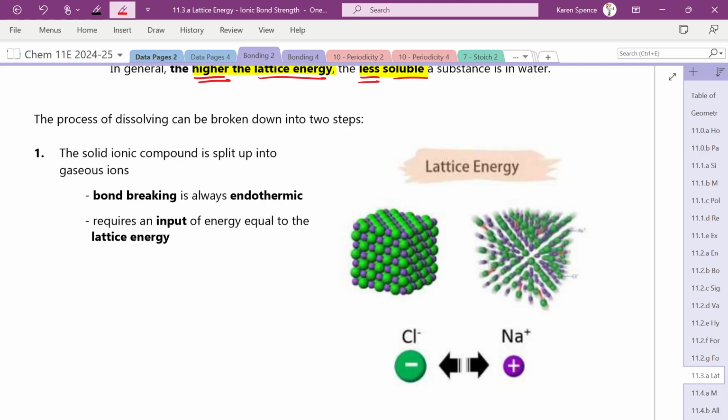So if we were to take all of our crystal lattice and split it, there would be a delta H, and it would be equal to the lattice energy.